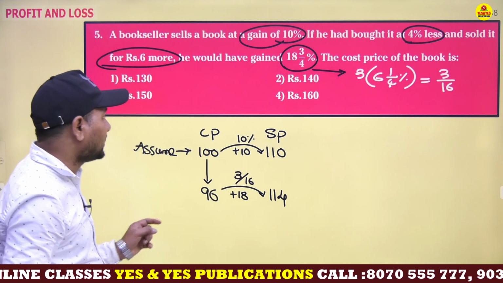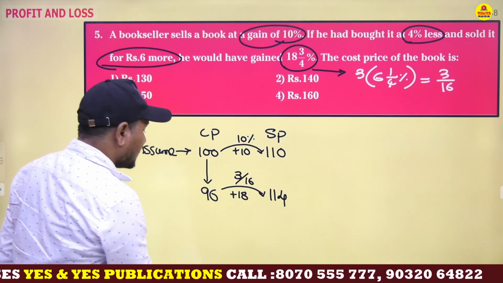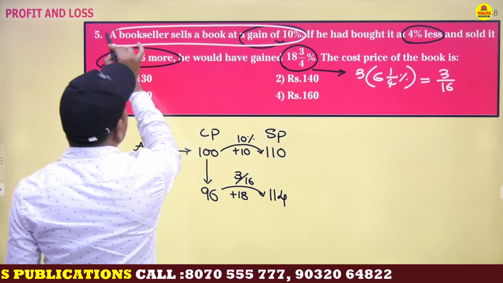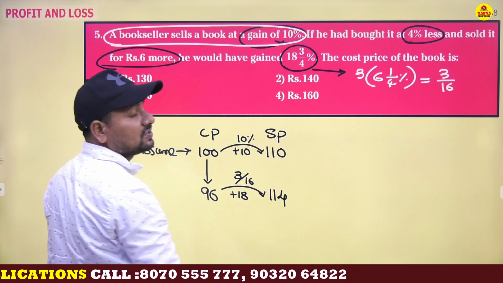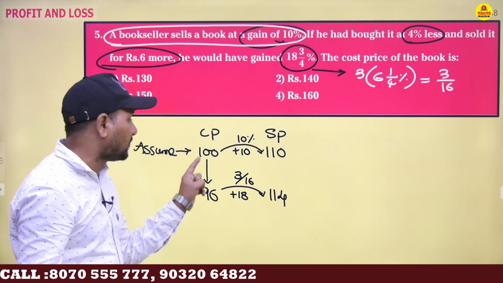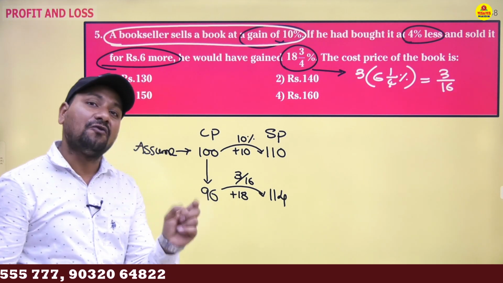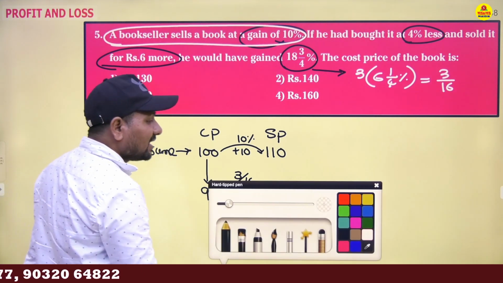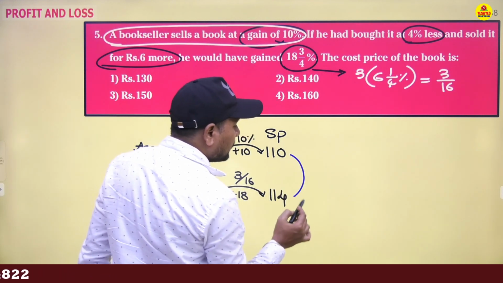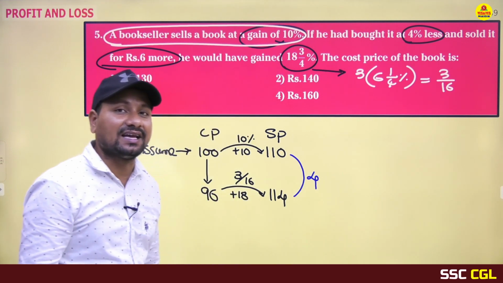Assume the cost price is 100, and the selling price is 110 because of the first line. If you purchase the product for 100 rupees, you sell it for 110. If you purchase it for only 96 rupees, then your selling price becomes 114 rupees. That means in this case your selling price increases. 110 becomes 114, so 4 rupees is increased.